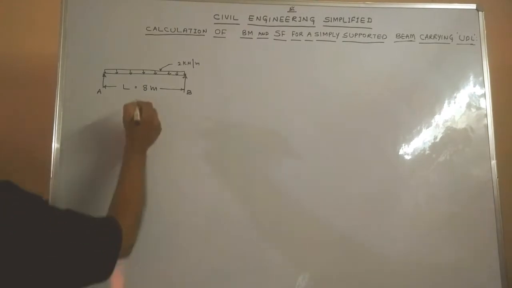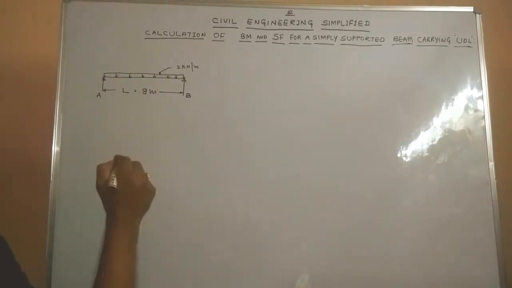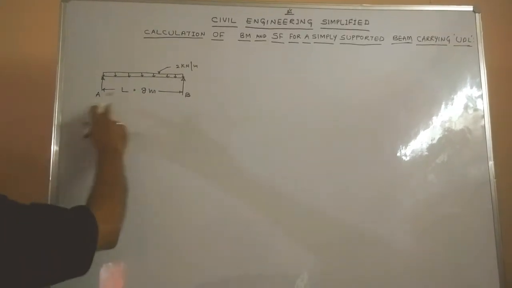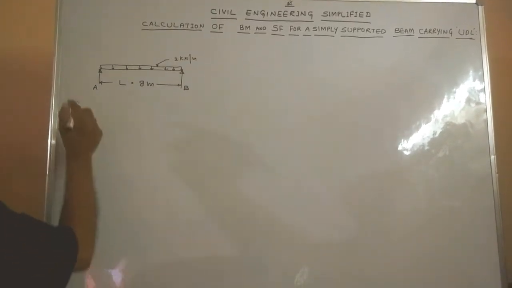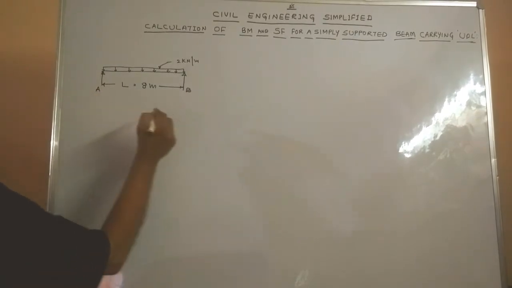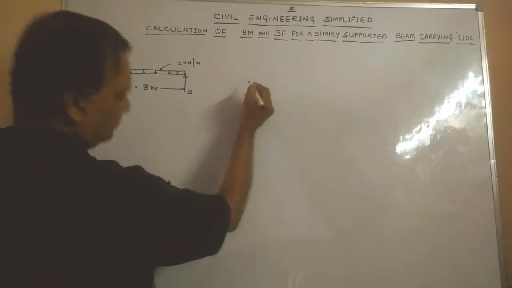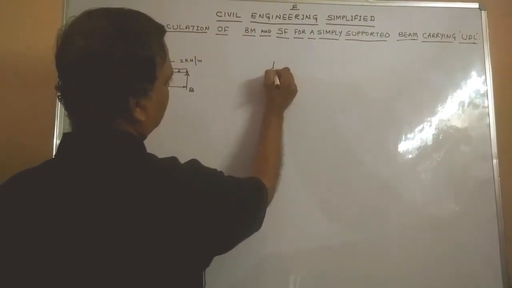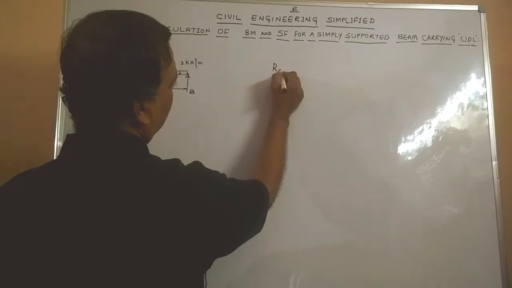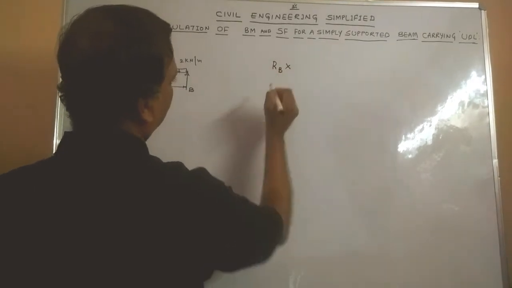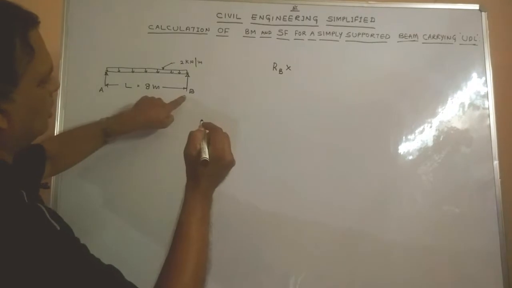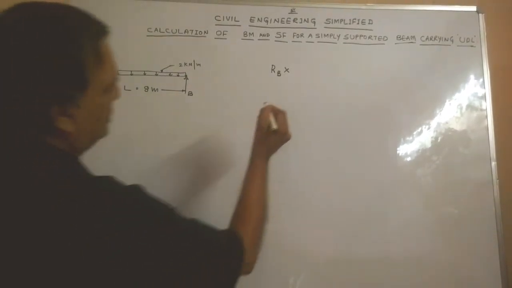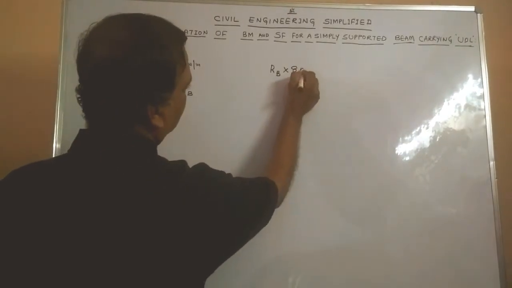Now let us proceed. As we have seen in the previous cases, we will calculate the support reactions at A and B, which we represent as RA and RB. I will take moments about A. RB is the reaction at point B, which is at a distance of 8 meters.